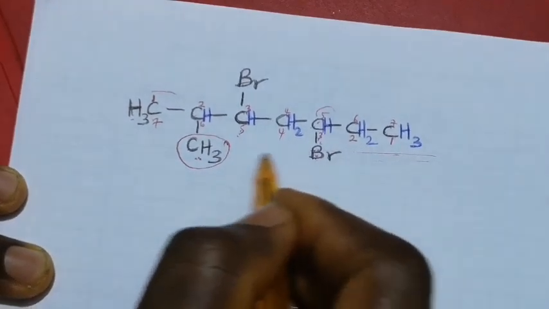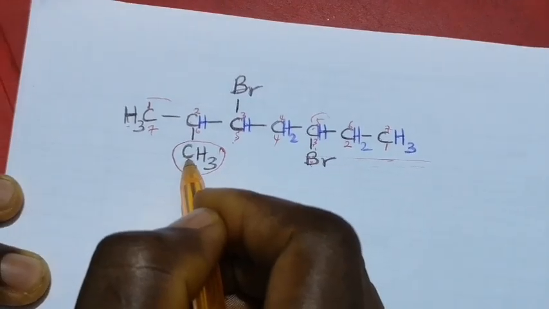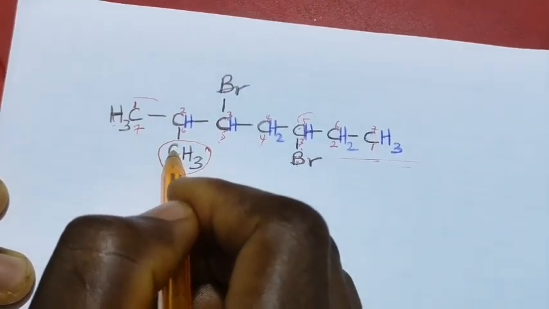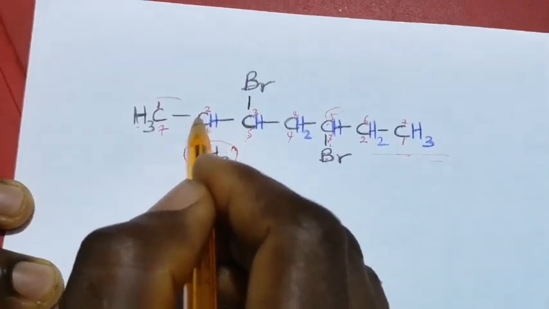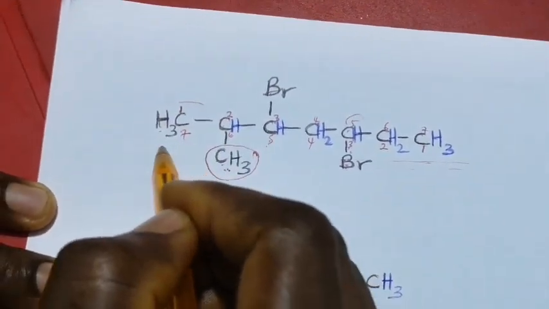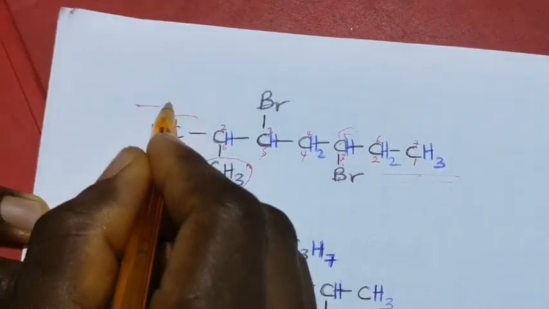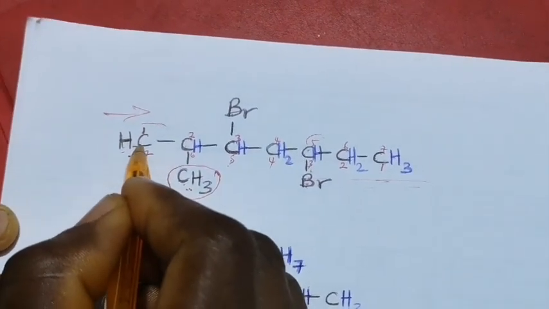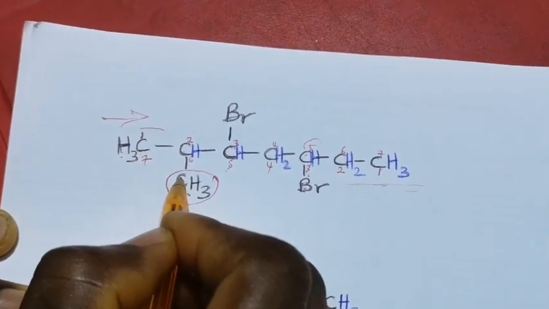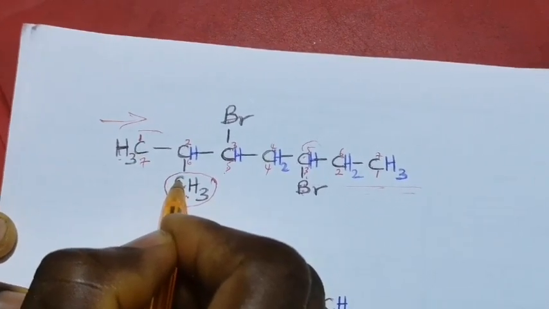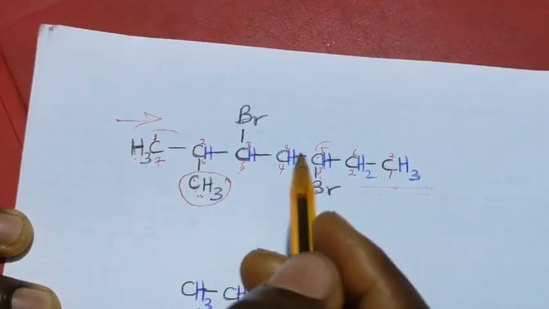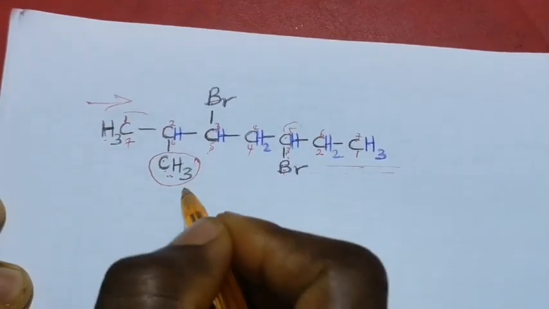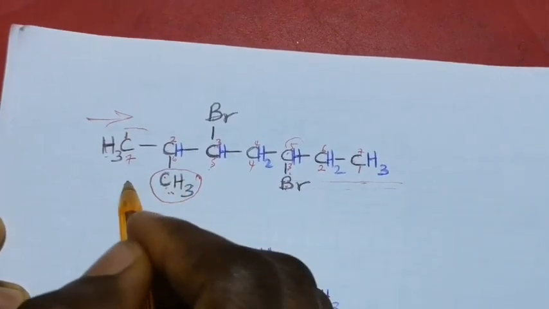If you follow this direction, methyl will be at the 6th carbon atom, but if you follow this direction, methyl will be at the 2nd carbon atom. Because of that, the best option is to follow this direction, so that methyl will be at the lowest carbon atom, which is 2. Okay, that is the first one. We have made our decision on the end to follow.